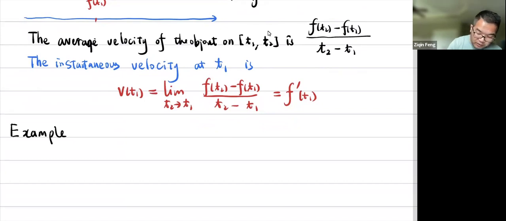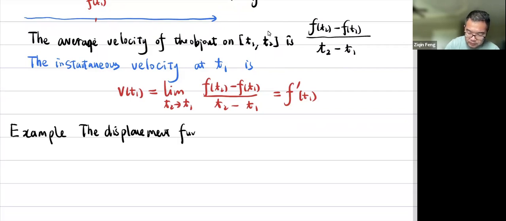So we know that the displacement function is s equal to 1 over t squared.